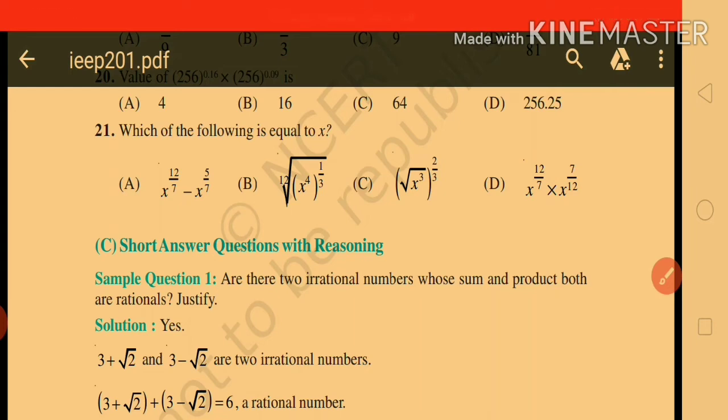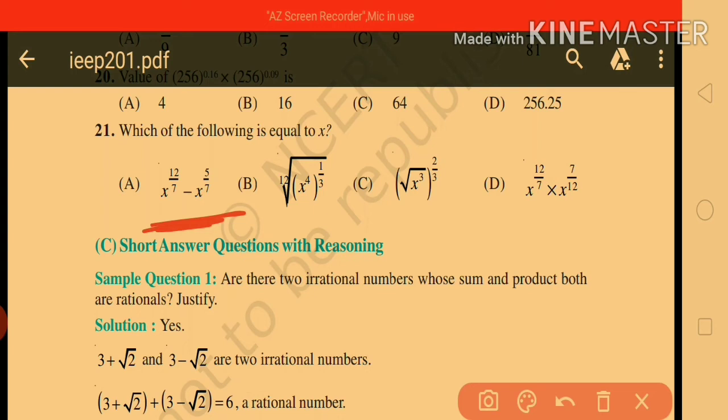Which of the following is equal to x? We have to solve and find which of these is equal to x. So let us solve at first this first part. We have x raised to 12 by 7 minus x raised to 5 by 7. These are subtracted, so we can't have x from here. If they are multiplied, we can add the powers and somehow we can get x.